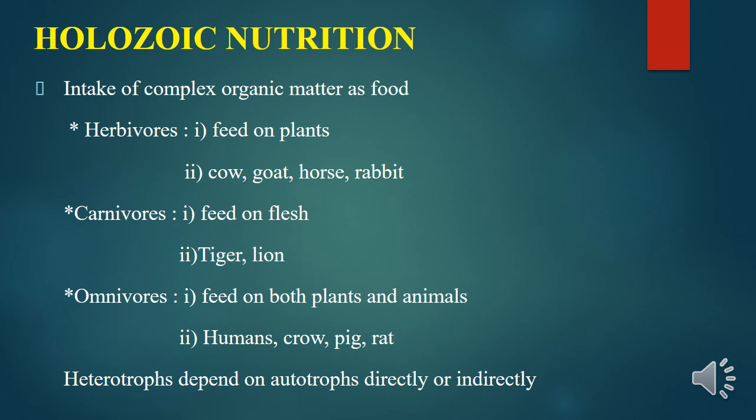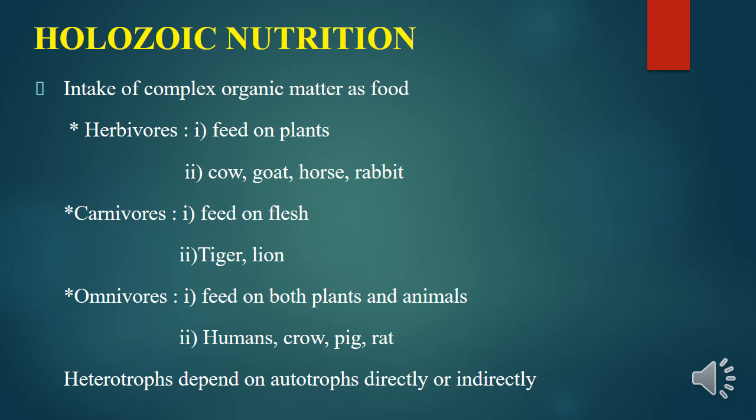A carnivore consuming a herbivorous animal is indirectly depending on plants for its food, because it is consuming herbivores and as a result, part of the energy the herbivores receive from the producers or the plants will be received by the carnivores, the same way omnivores also.